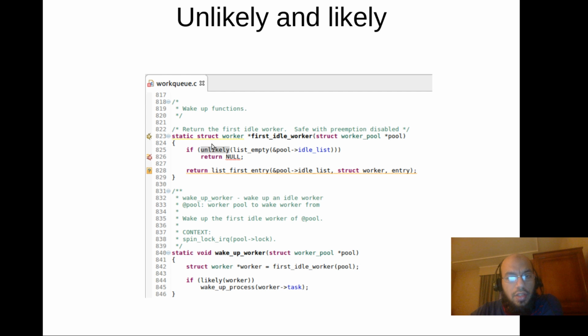And you can see here, for example, if you have a workers list, which means a list of processes that are waiting to run in your system, you try to get one of them, and if you cannot get one of them, it's unlikely that you do that, and then you return with null, because usually you have something to do.